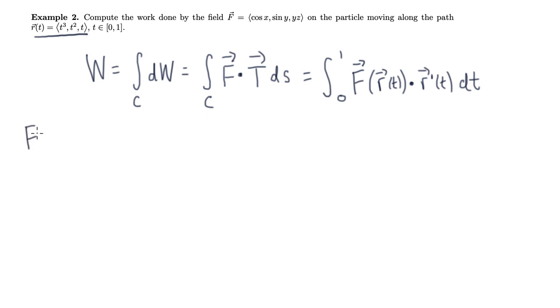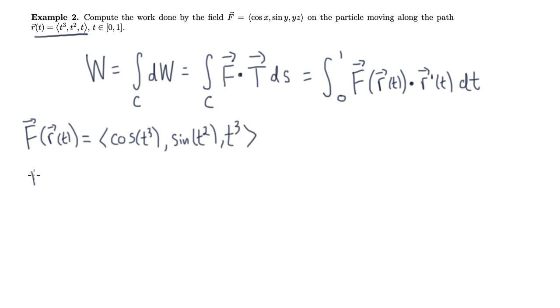What is f of r of t? Well, we're just going to plug in x of t in for x, y of t in for y, and z of t in for z. So this is equal to cosine of x, which is t cubed, then sine of y, which is t squared, then t, okay, so then y times z is t cubed.